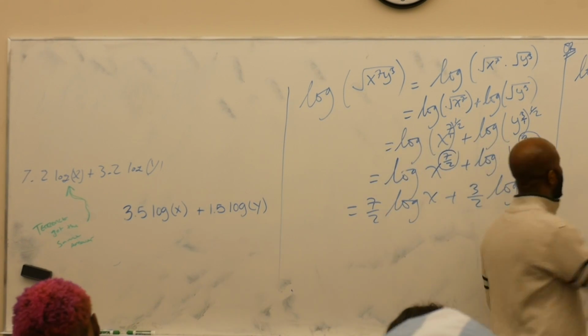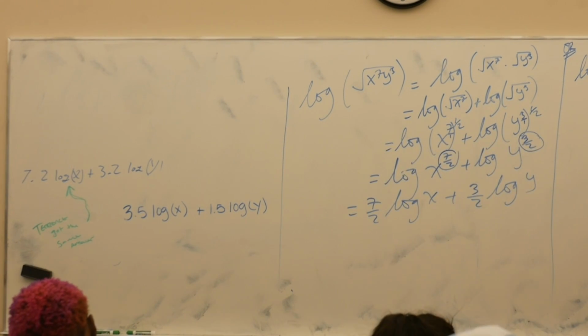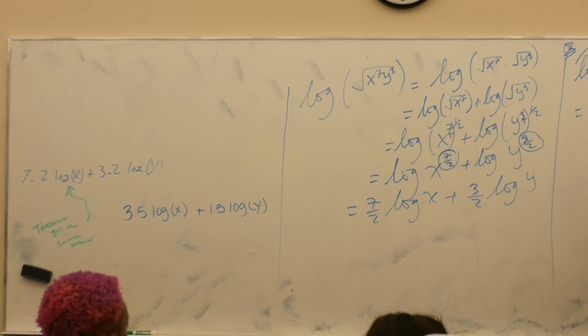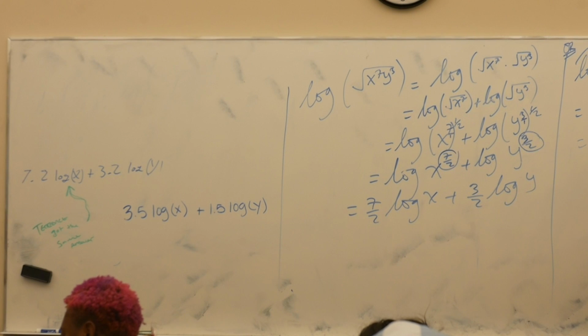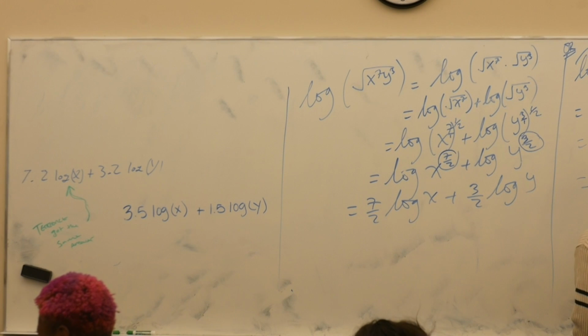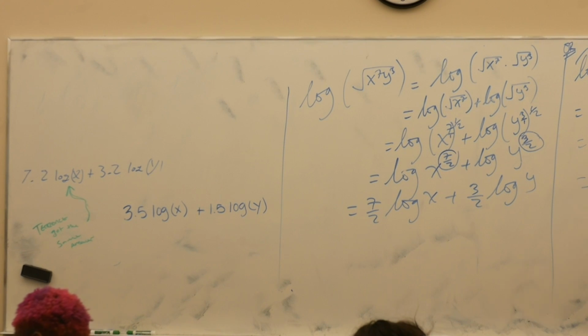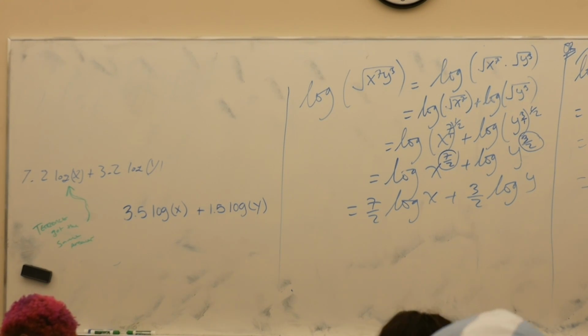And if you did it this way, those people who did it this way, I could just take this and bring it here. 1/2 the log of x^7 y^3. They're all sharing this 1/2. 1/2 the log of x to the 7 plus the log of y cubed. 1/2 times 7 the log of x plus 3 the log of y.